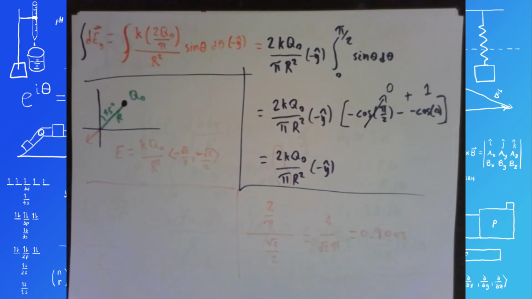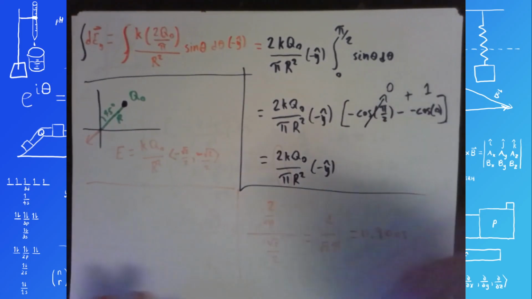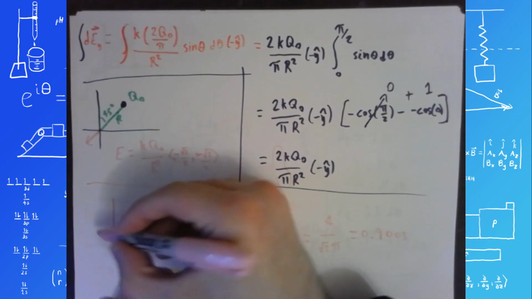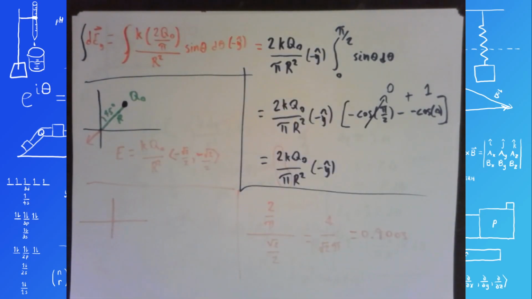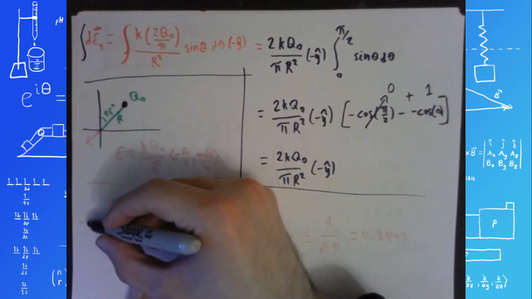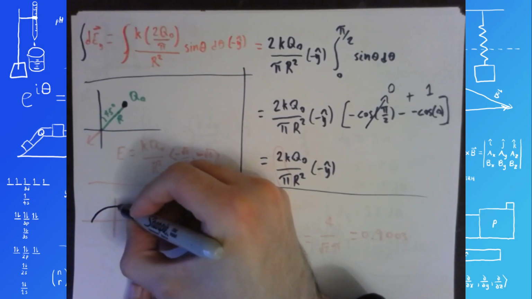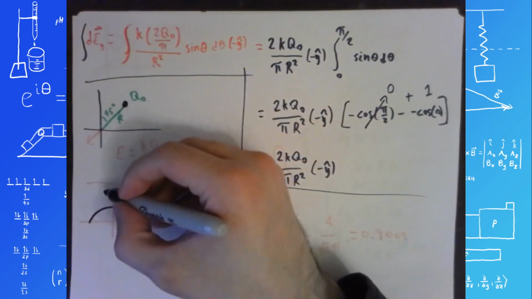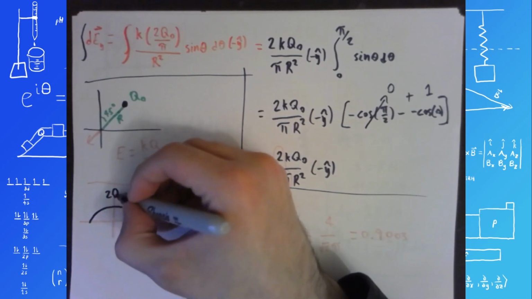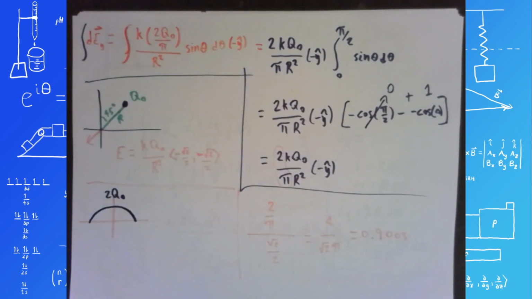Oh, actually, we can do this one really easily. So this time, instead of a quarter circle, they've got a semicircle. They've got that. And then the total charge on this thing is 2q0, and again, it's distributed uniformly. So what is the total electric field here?